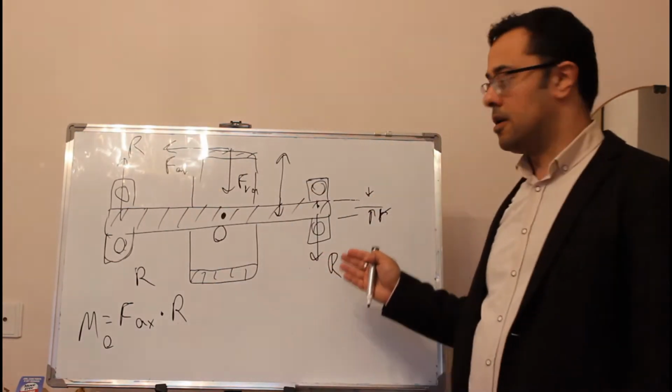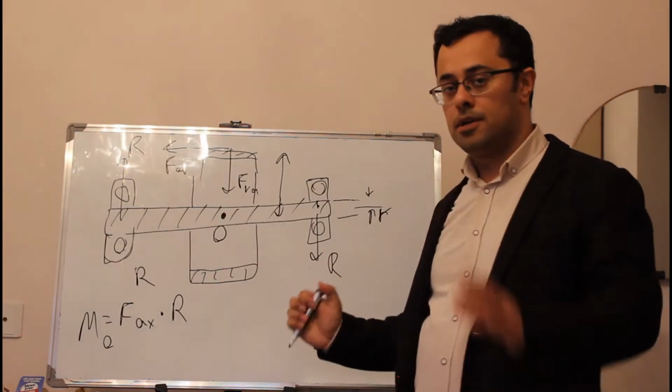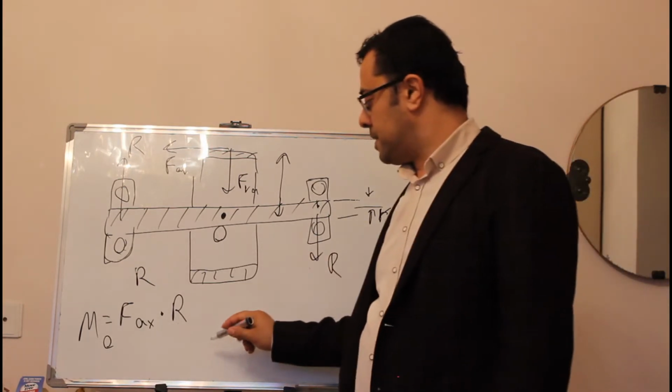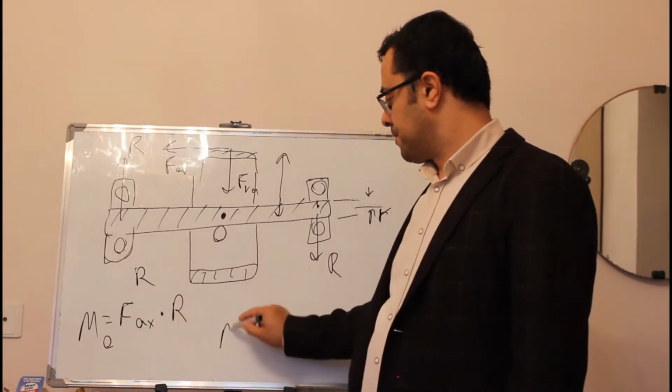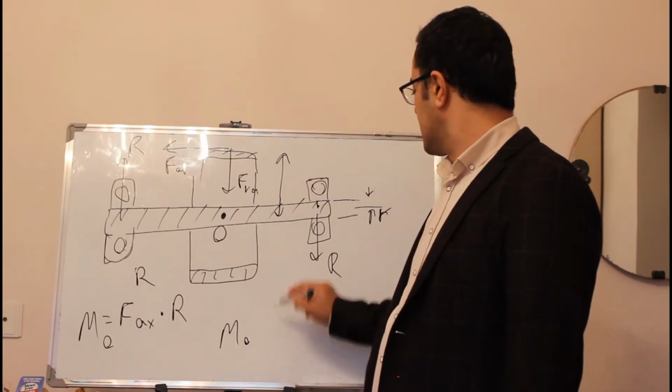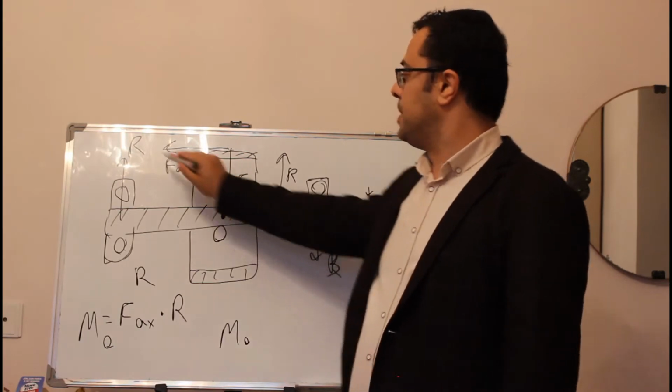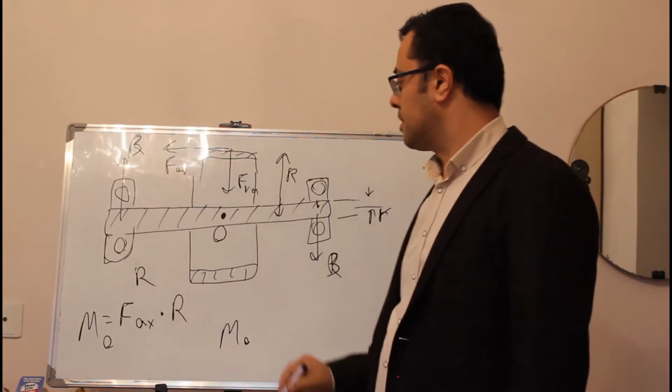So these are forces trying to withstand that moment, which means MO. I should put it B. Sorry, it's B forces, it's not R, B.